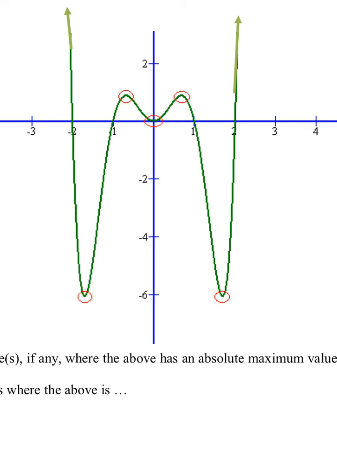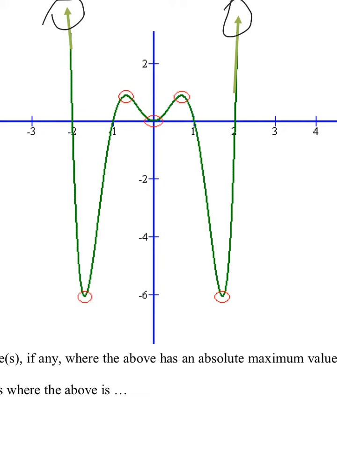Okay, so question 11 asks, what is the domain and range for this graph? Well, the domain is obviously from negative infinity to positive infinity. We already mentioned that. But the range is not negative infinity to positive infinity. We want to look at range from bottom to top. So we want to see how far down does this graph go?